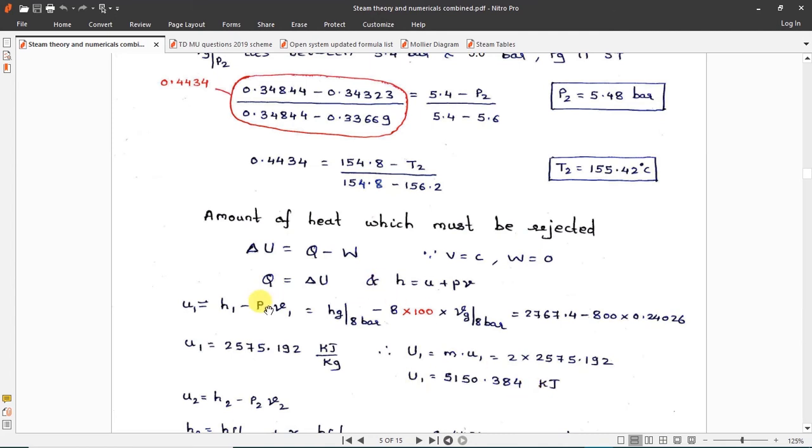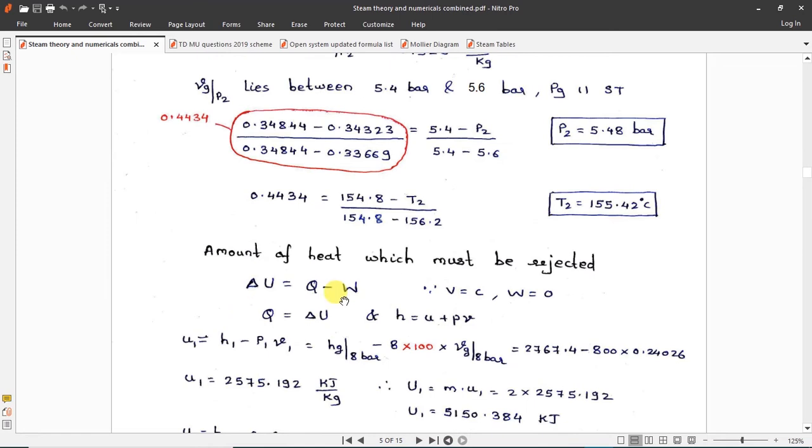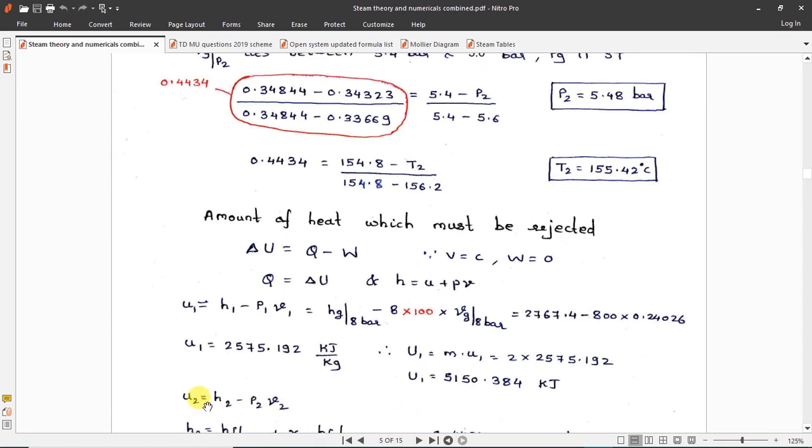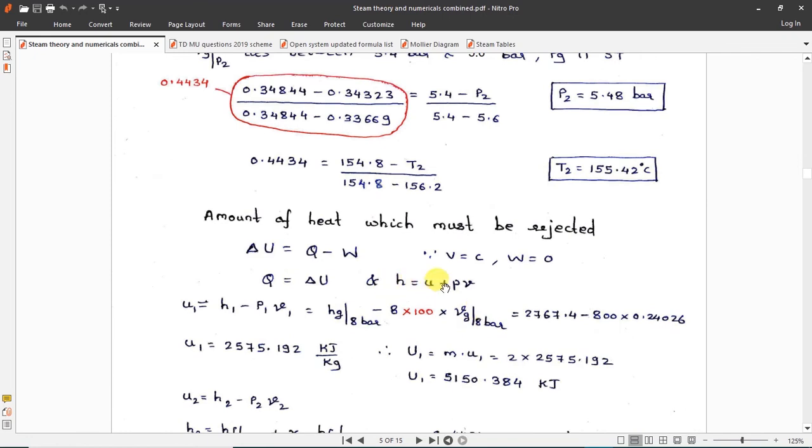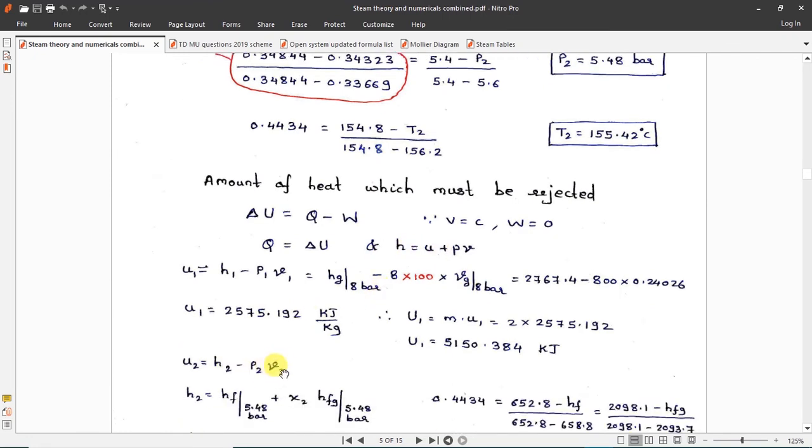Now we are calculating Q. In order to calculate Q, we need to calculate delta U. So this delta U will be U2 minus U1. We have calculated capital U1. Now we have to calculate capital U2. Now what is capital U2? Again, use this formula. So it will be H2 minus P2 into V2.